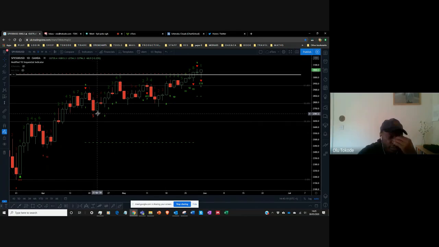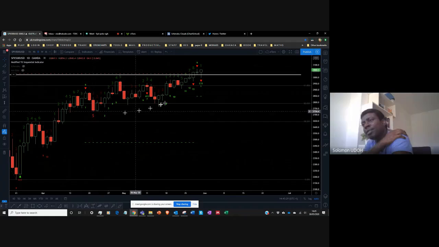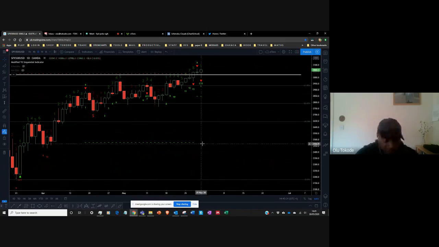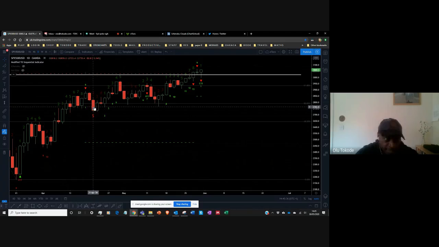There's a mechanism about how this works. Okay, so with the 9, you want the candles to be consecutive. You can see 1, 2, 3, 4, 5, 6, 7, 8, 9. With the 13, the candles do not have to be consecutive. You can see this is 1. The next candle is here, 2.